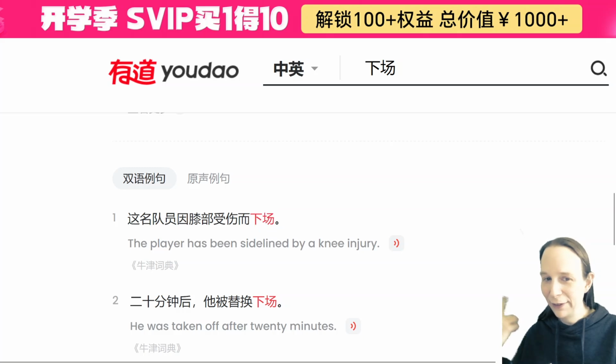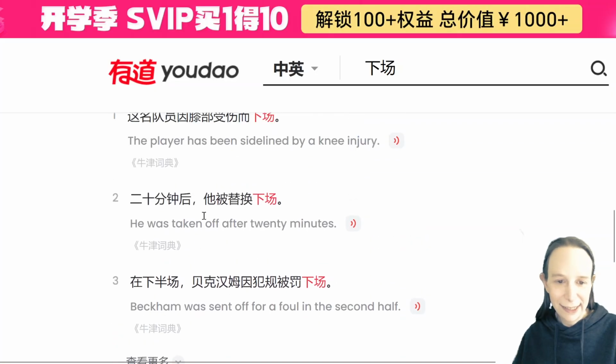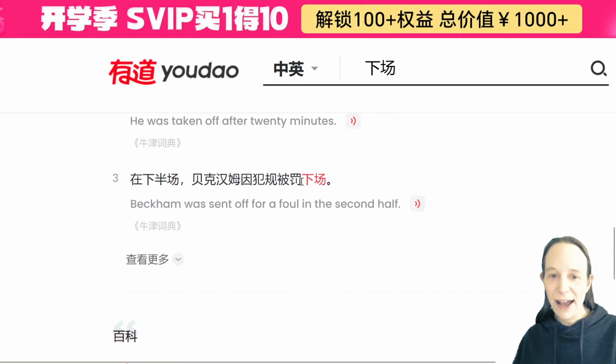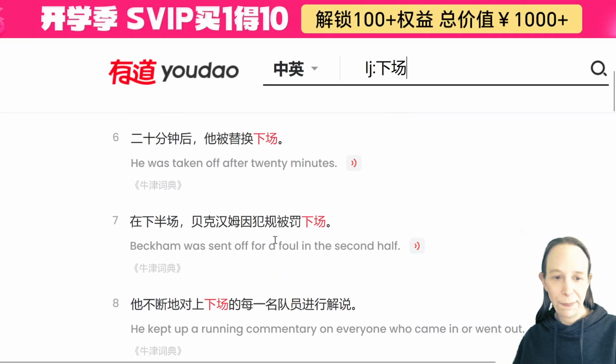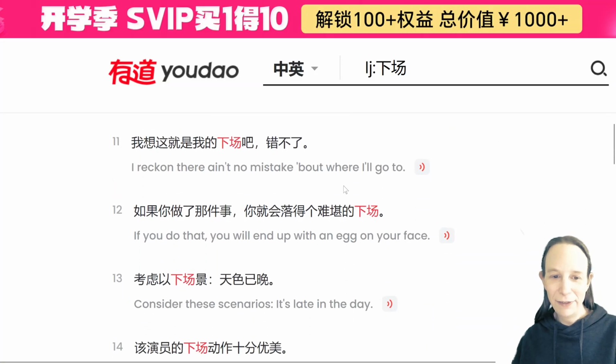Okay, so he's sent off the field because he injured his knee, or at least left the field. 20分钟后他被替换下场. All right, so he was substituted. 被罚下场. I think mostly it's like get off the field kind of thing. You're off the field.